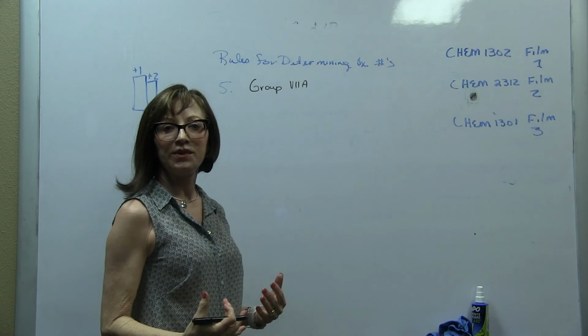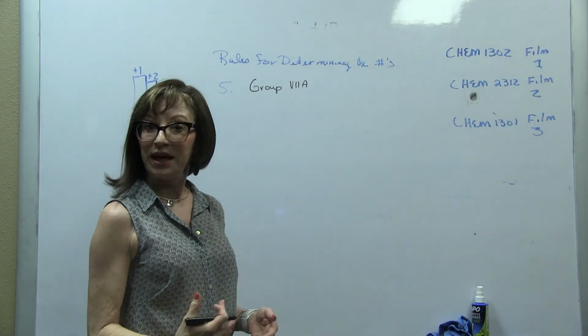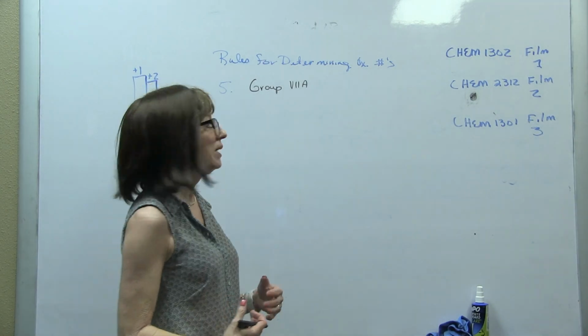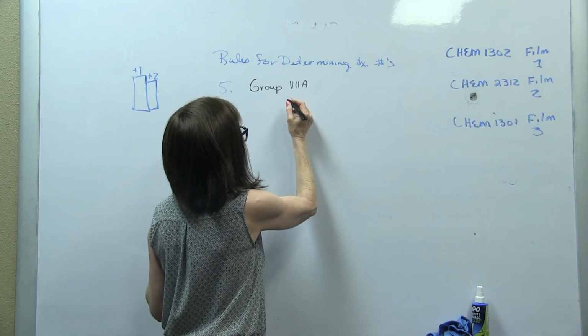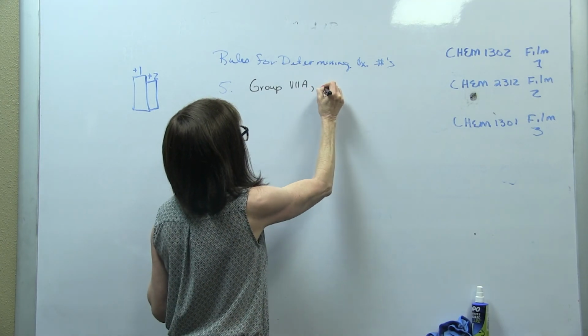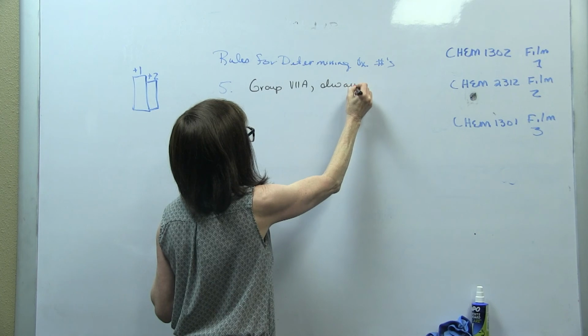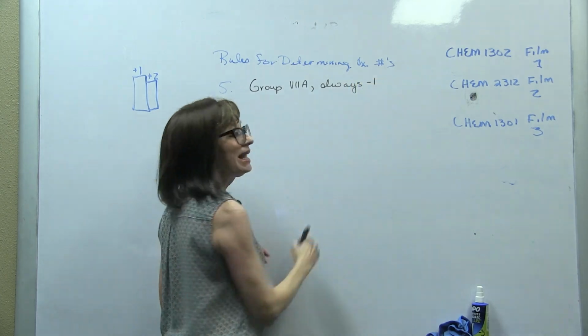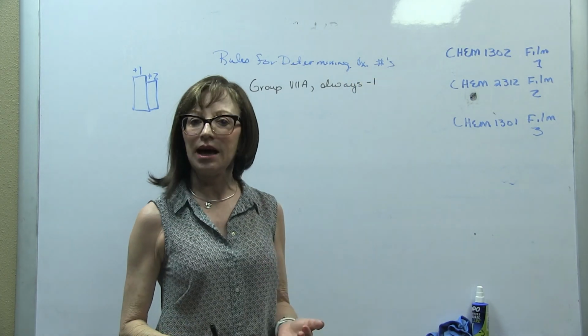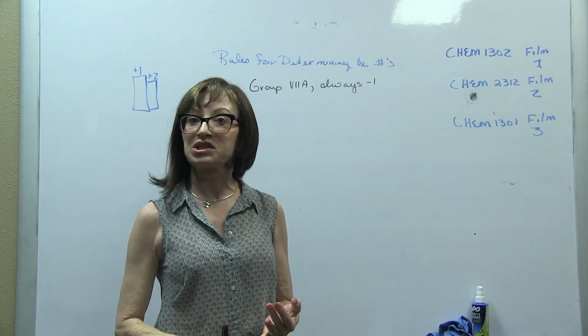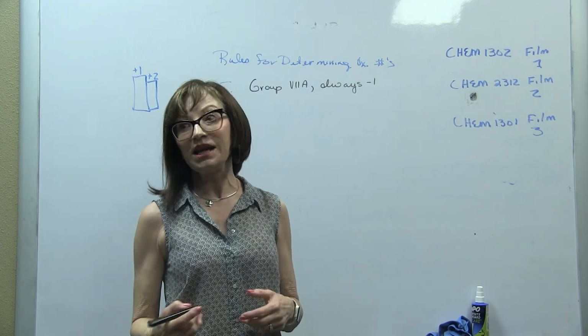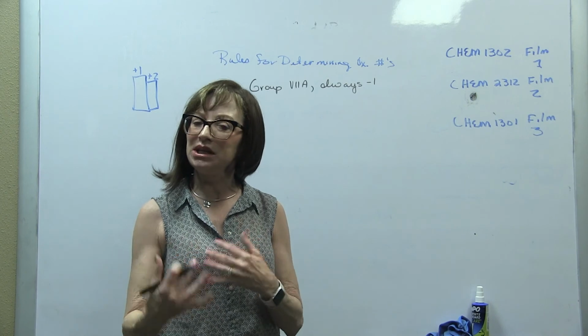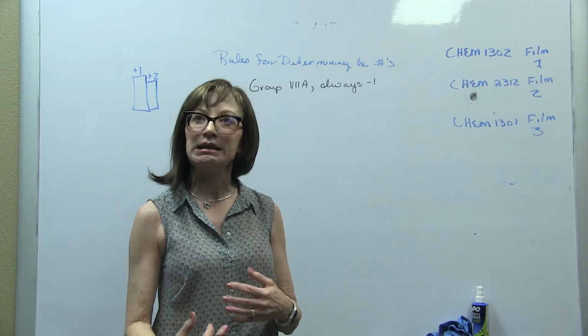When in a formula with a metal, this is an ionic compound, the chalcogens are always -1, except when they're with oxygen or themselves. And they can be positive. So you need to be very careful with that.